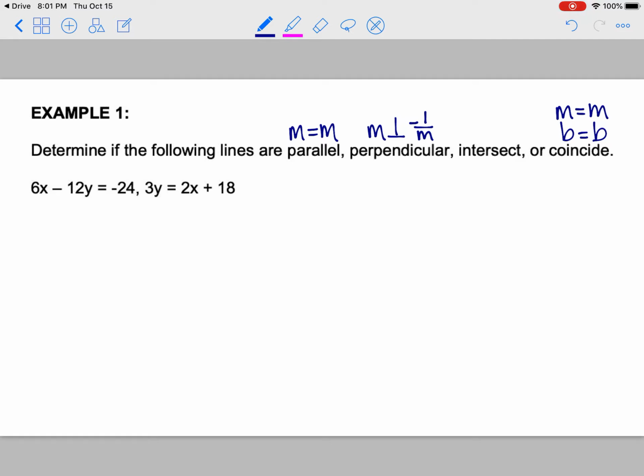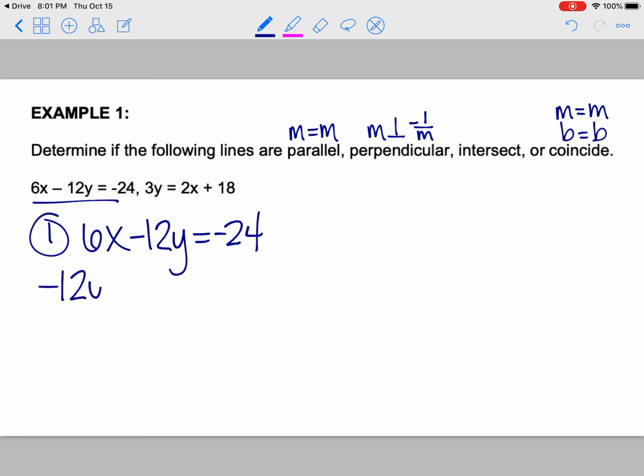Okay, so remember, in order to determine what the slope is, you must first put it into slope-intercept form, which is y equals mx plus b. So let's take this first equation, our 6x minus 12y equals 24, and let's solve for y and get it into slope-intercept form. Okay, so we would move our 6x over.